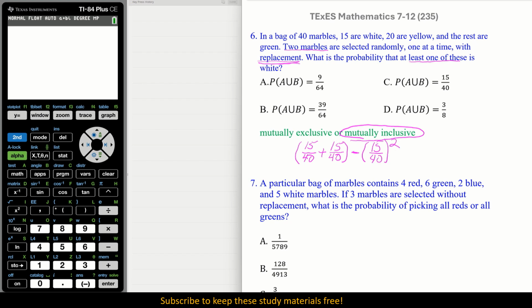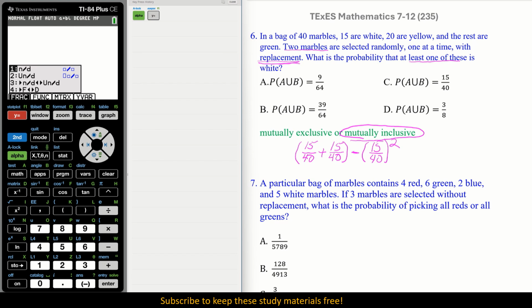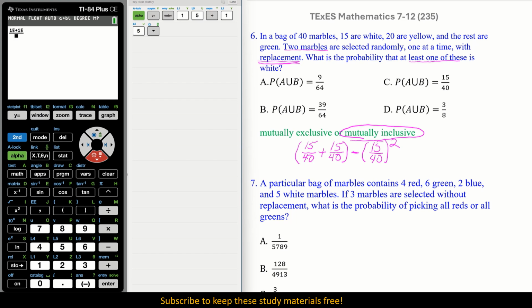So this could actually be typed in a little easier. So let's do alpha y equals, because we have a common denominator. Push enter. All right, so we can say 15 times 2 or just 15 plus 15. And then go down. Well, 40 is our common denominator, so we didn't have to do those fractions twice. So that's good.